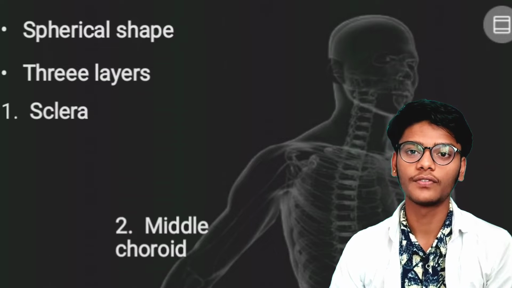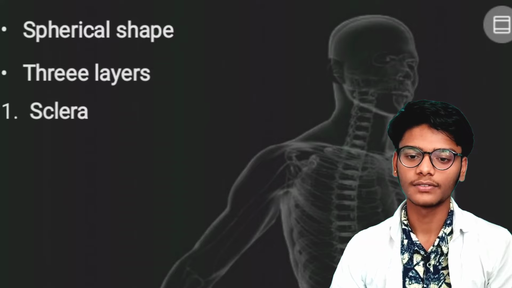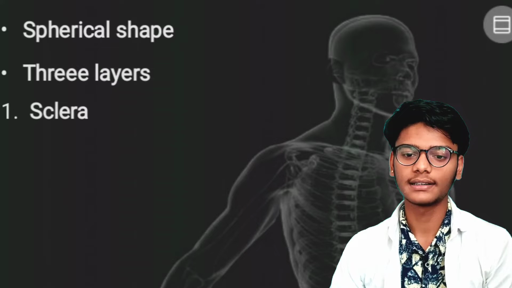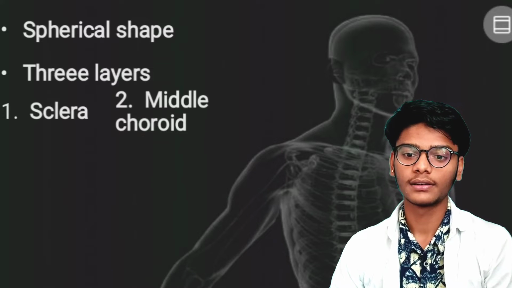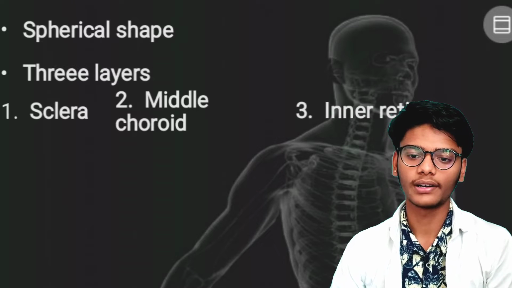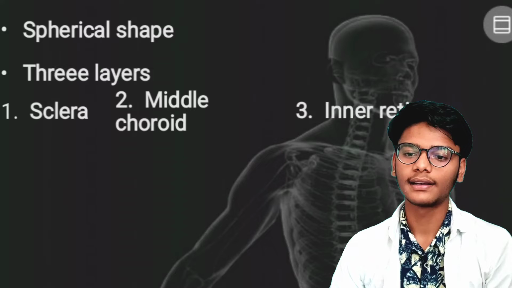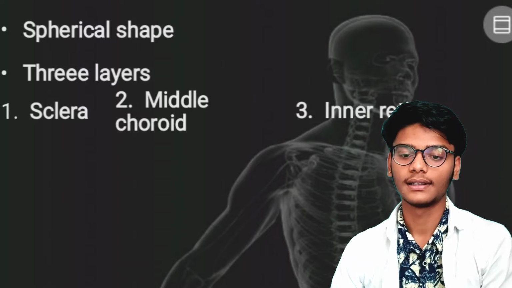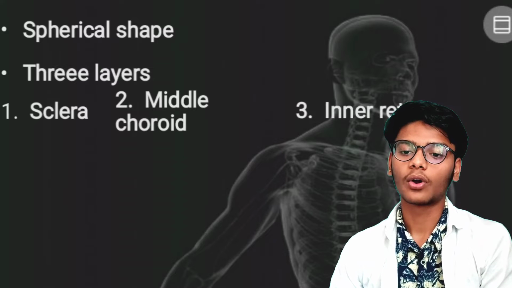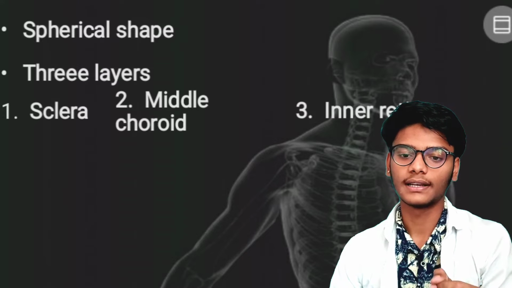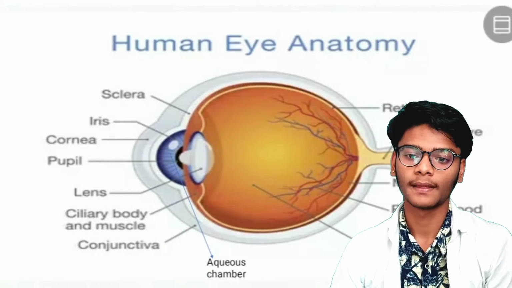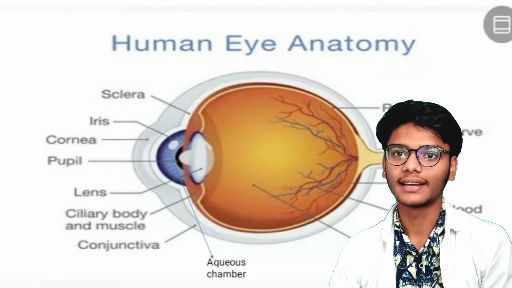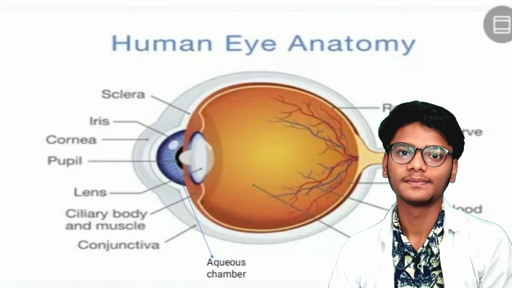First, the sclera is the outermost layer, the middle layer is the choroid, and the inner layer is the retina. So this is the diagrammatic representation.